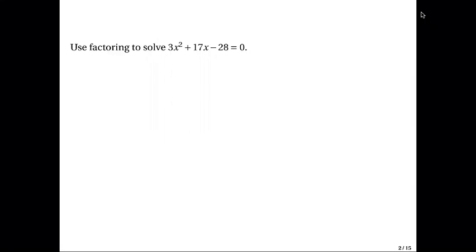Use factoring to solve 3x squared plus 17x minus 28 equals 0. Now, if you are asked to use a specific method, you have to use that method. Otherwise, you won't get any point, even if your final answer is correct.